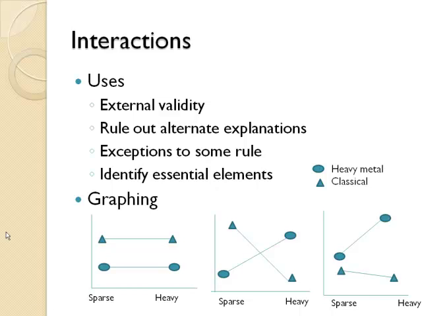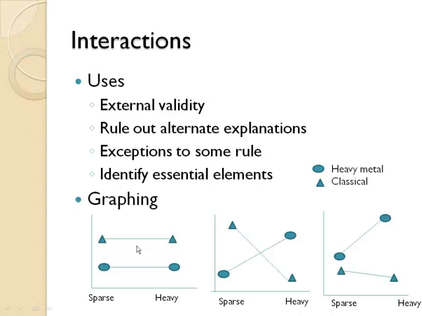Right. So look at the first graph, and okay, when traffic is sparse, people drove faster listening to classical music than heavy metal music. When traffic was heavy, people drove faster listening to classical music than heavy metal. Right? So this line is above this line. This line is classical.